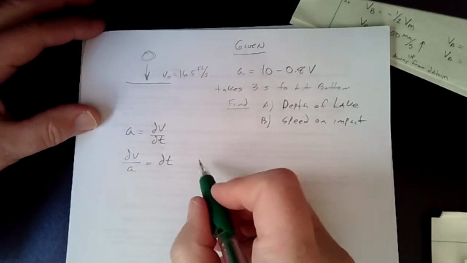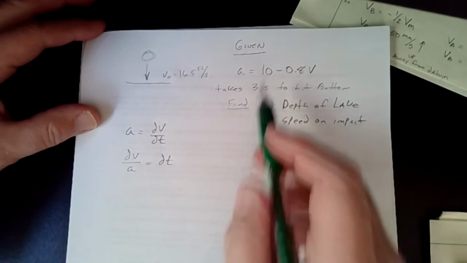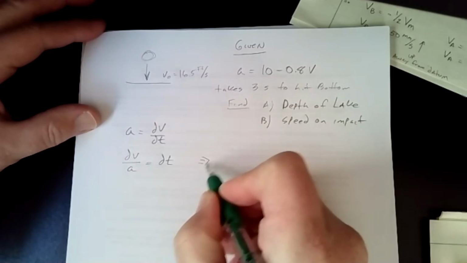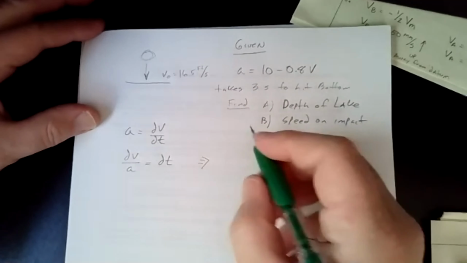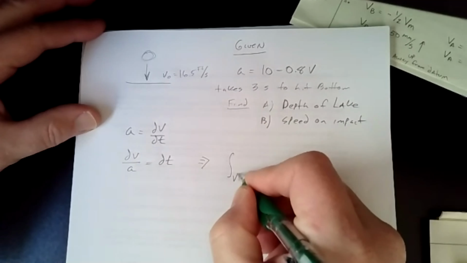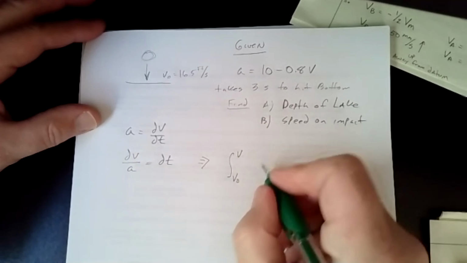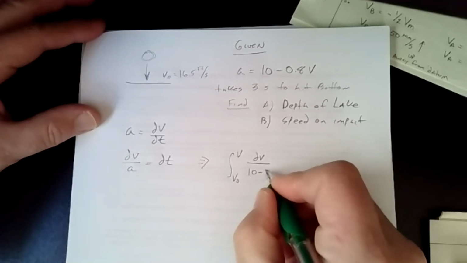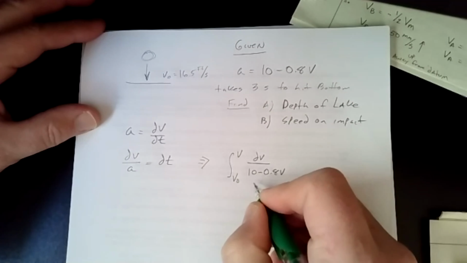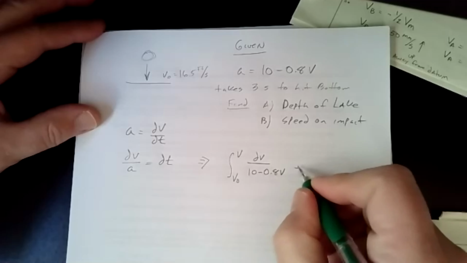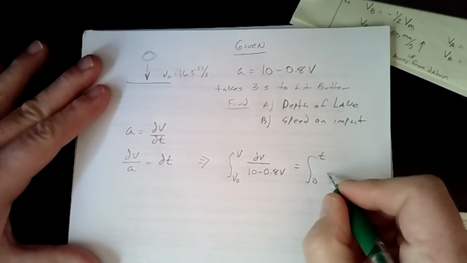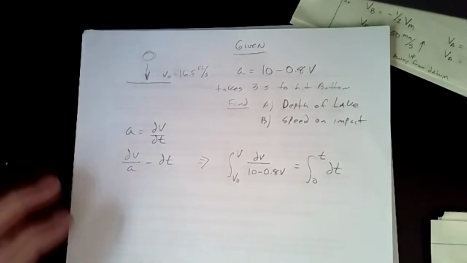And so we can then substitute in this down here. What that gives us is the integral from V naught to V of dV over 10 minus 0.8 V equals the integral from 0 to t of dt.